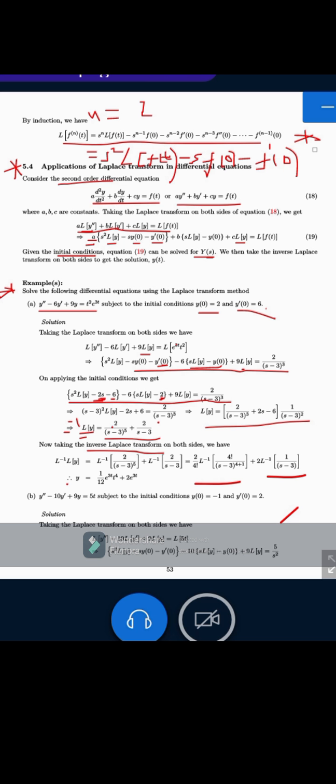If you look at the nature of that kind of equation, you will see that it is borrowing from whatever we have seen previously.